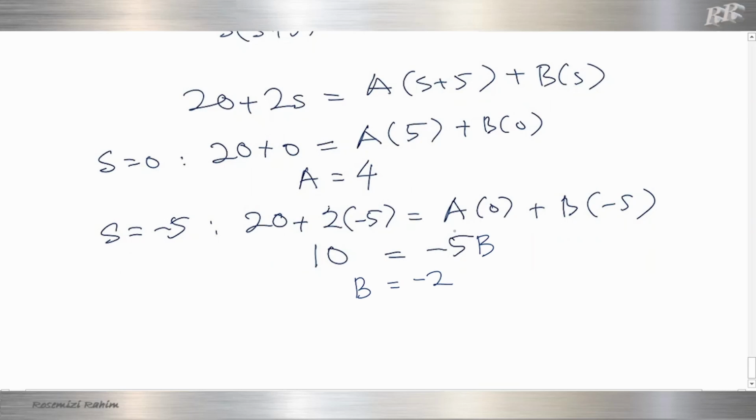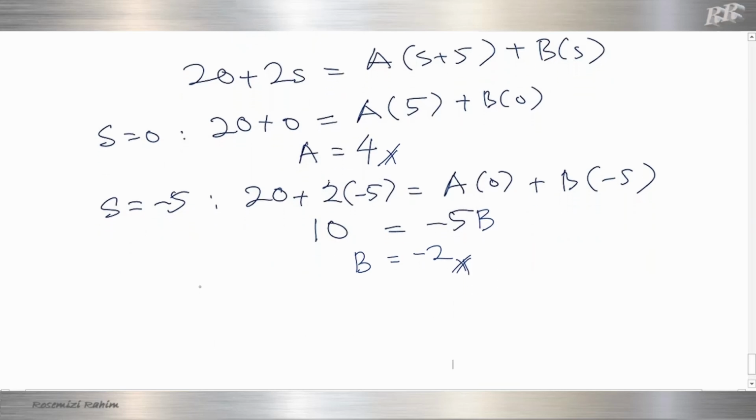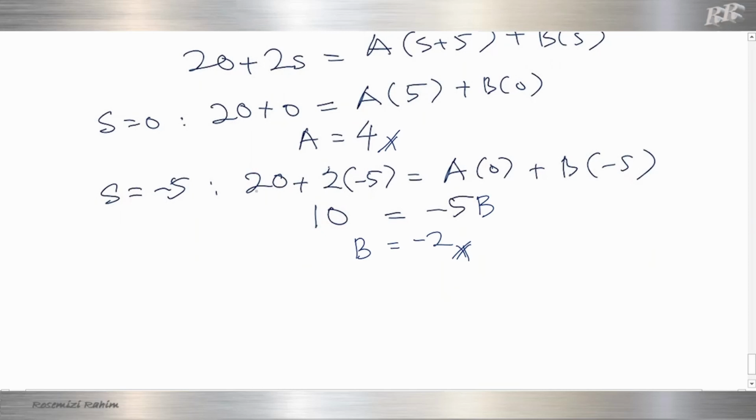So we get A equal to 4, B equal to minus 2. Our final equation is I(s) equal to 4 over s plus minus 2 over (s plus 5).